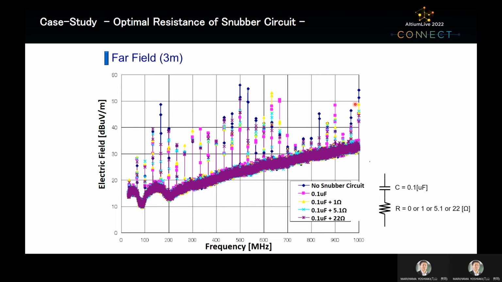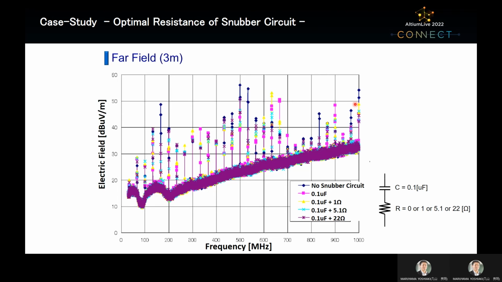We measured 5 cases. The first is a case where nothing is mounted in the 4 corners of the board. It is the same condition as the previous near-field measurement. In the second case, 0.1 microfarad is placed in the 4 corners of the board. In the third case, snubber circuits are placed in the 4 corners of the board.